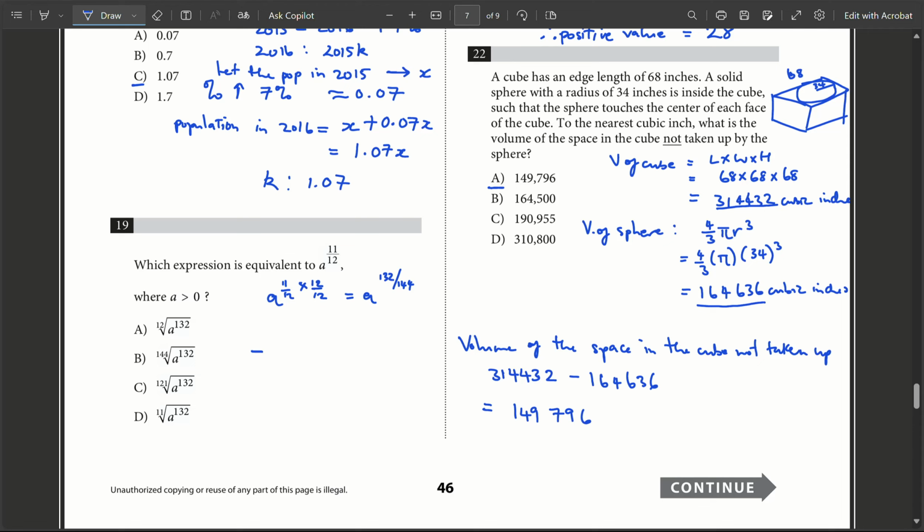So what this means is we're going to find 144 and a to the power 132. Okay, so the answer for this would be B. That is how we get B.